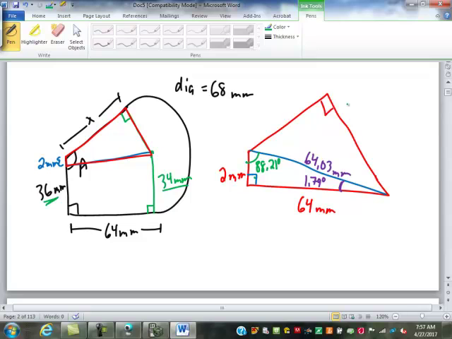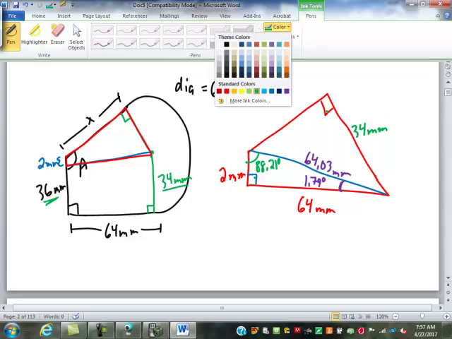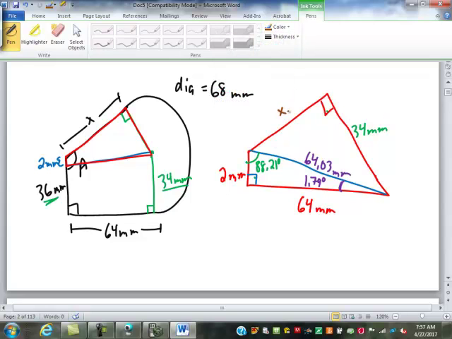So now I have the right angle here. I have the 64.03, and I do have, that's a radius of the circle, 34 millimeters. So I can find, this is my distance x over here. I'm going to find that by doing a squared plus b squared equals c squared.